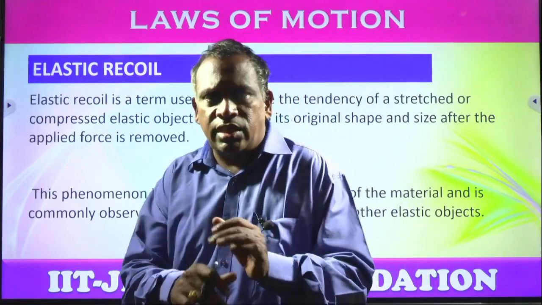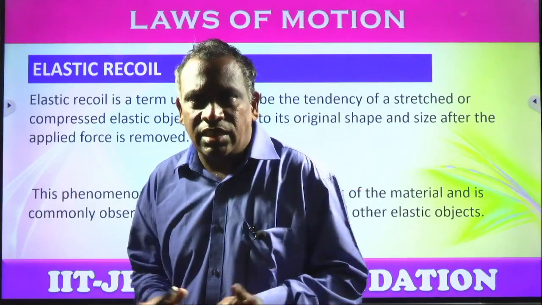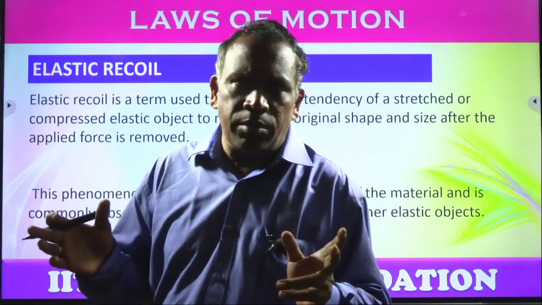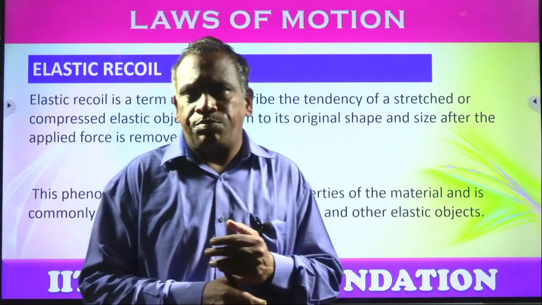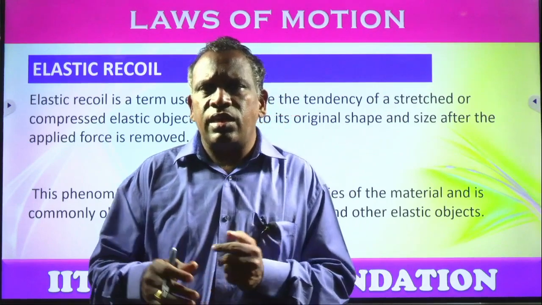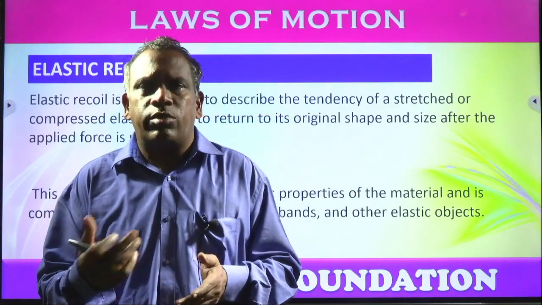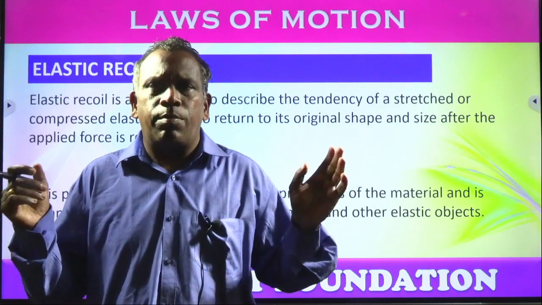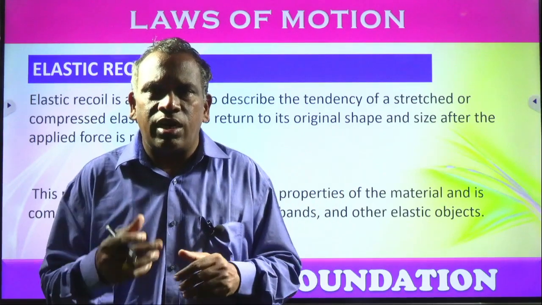Take rubber: elasticity is a property of matter by virtue of which it retains its original shape after a force applied on it is removed. That is called elastic recoil.